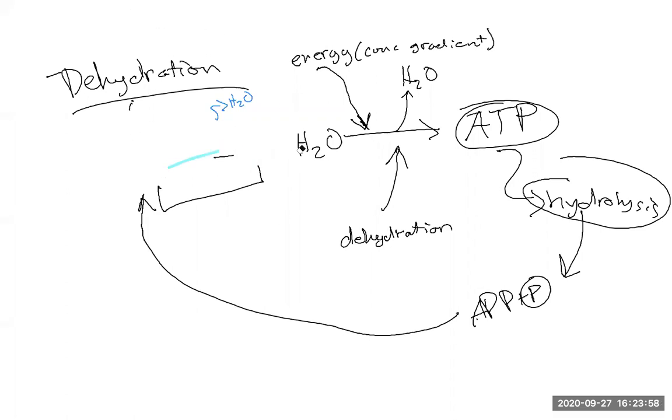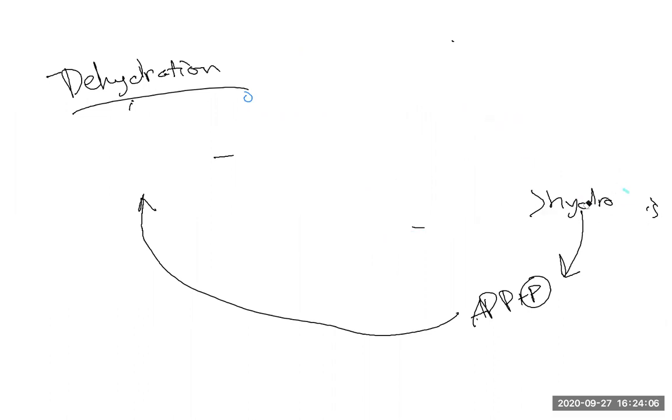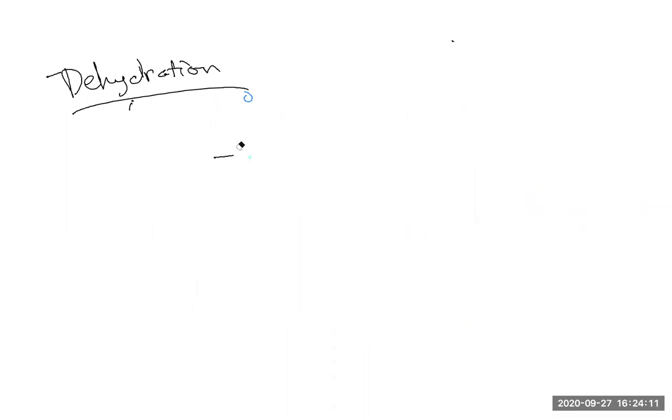So if we want to zoom way out and see the big picture of dehydration and hydrolysis reactions, because you need both of them, and they're both happening in tandem with each other. So big picture. I always like to end my videos with a big picture. So let's look at our big picture. Our big picture can be solved with this simple thing. So we'll keep our ATP as the best example to always think of in these reactions.